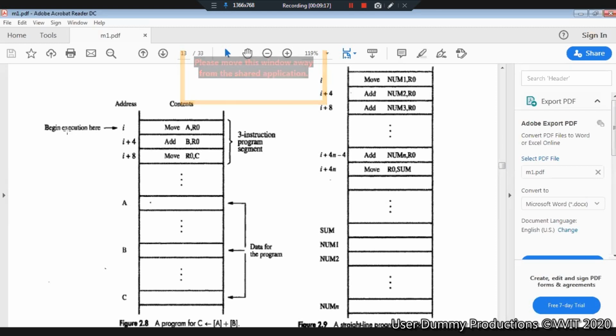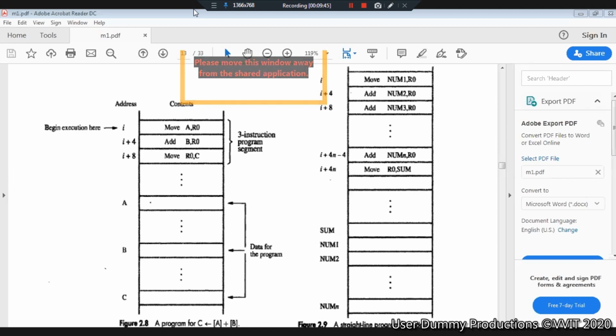So which address will the PC be loaded with initially? Can anybody tell? Are you able to see the screen? What is the address of that first instruction? I, ma'am.